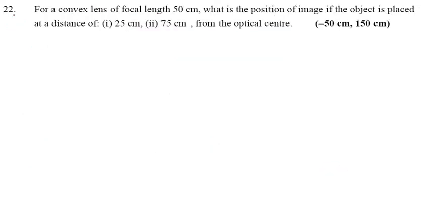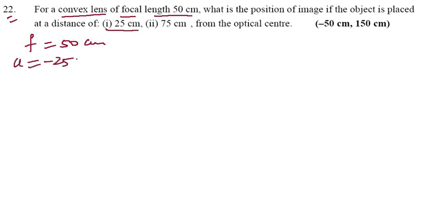Now come to the 22nd question. For a convex lens, focal length is 50 centimeters. Is it positive? Yes, it is plus f. F is equal to plus 50 centimeters. What is the position of the image if the object is placed at a distance of first 25 centimeters? So first we write u is equal to minus 25 centimeters. Now come to the formula: 1 upon f is equal to 1 upon v minus 1 upon u. It is for the lens.